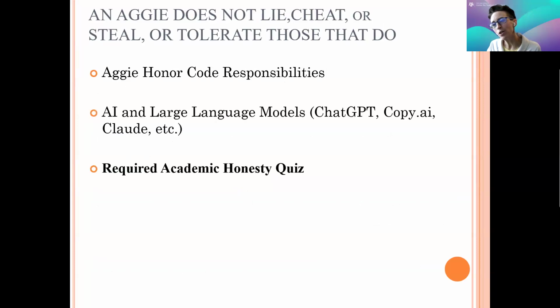An Aggie does not lie, cheat, or steal, nor tolerate those that do. You are held to this honor code, the Aggie honor code, whether you know it or not. Jasmine, I'm so glad to hear you say that you have finished the Aggie honor quiz. That quiz exists so that you know the code that you're held to, because you will be held to it whether you recognize it or not, and whether you acknowledge it or not. And I'm very, very serious about this.